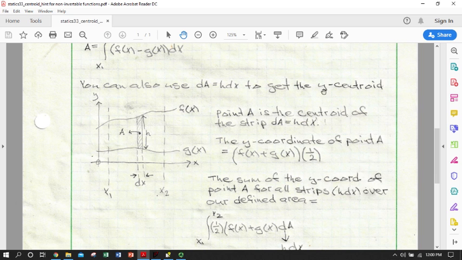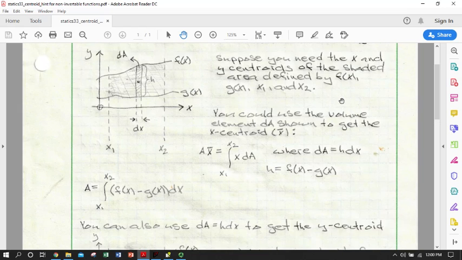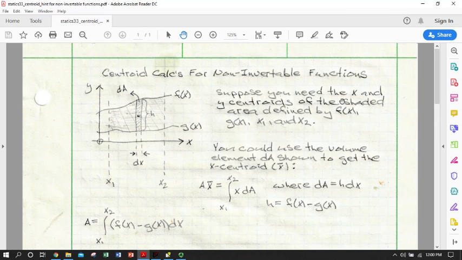If you use this concept, this will get you around a case where you don't have an invertible function and you need to find the y centroid or the z centroid for something where you simply can't write y as a function of x or z as a function of x. This is again related to average values and will be something that you'll see again in numerical integration.